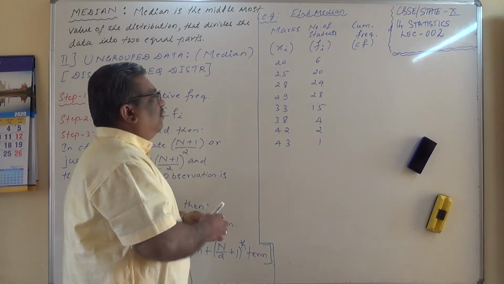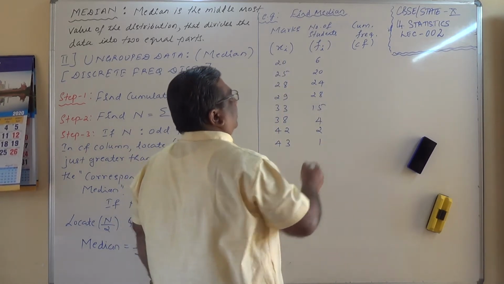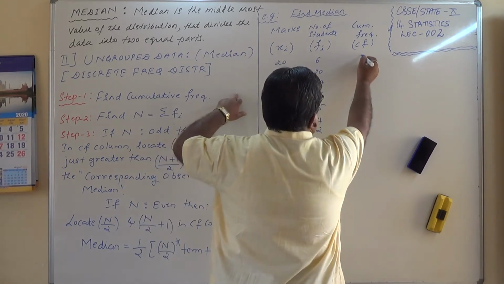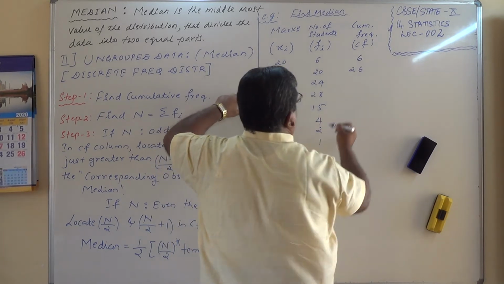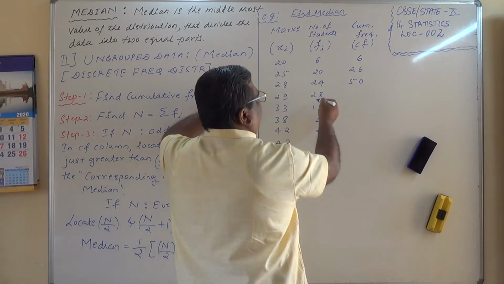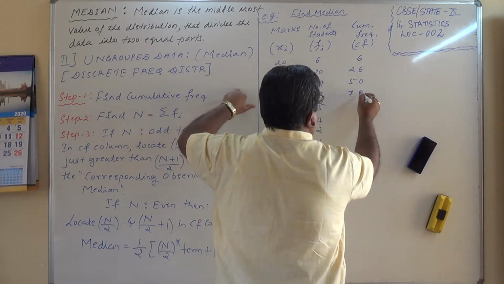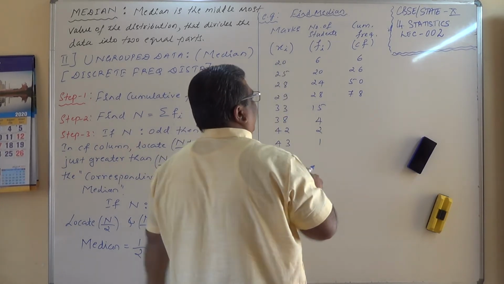Now we need to find the cumulative frequency first of all. What is the cumulative frequency? 6 as it is. You know already how to prepare this. Then 20 plus 6, 26. 26 plus 24, 50. 50 plus 28, 78. 78 plus 10, 88.